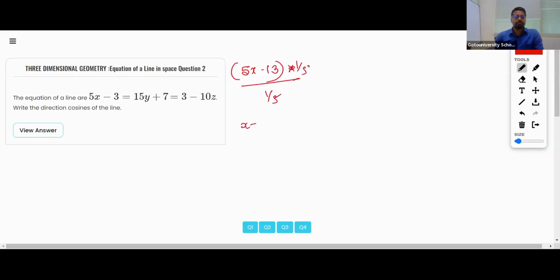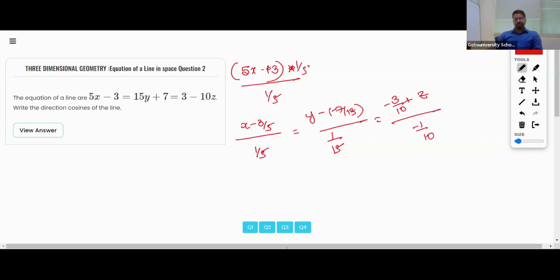So what happens is x minus, this is 3, right? 3 by 5 divided by 1 by 5, which is also equal to, if we divide by 15, what we get is y minus of minus 7 by 15 divided by 1 by 15, which is equal to 3 by 10 minus 3 by 10 plus z divided by minus 1 by 10. Yes. So now these are the points and the direction cosines are here.